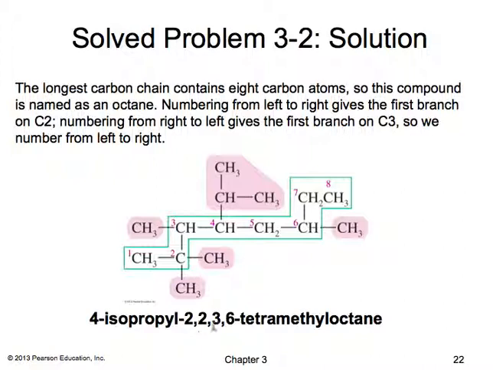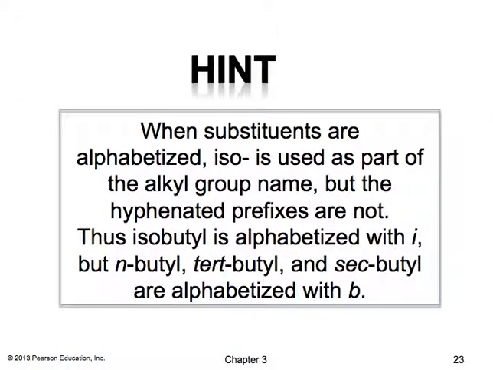Note, all of the commas are put between each of the methyl groups, and then you put your hyphens after and before each number when it's in the middle of the molecular name. An important thing to note is that when substituents are alphabetized, iso is used as part of the alkyl group name, but the hyphenated prefixes are not.